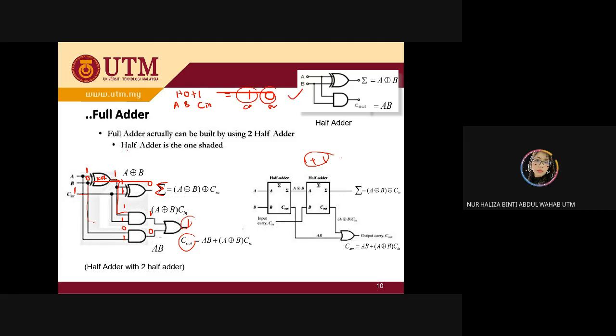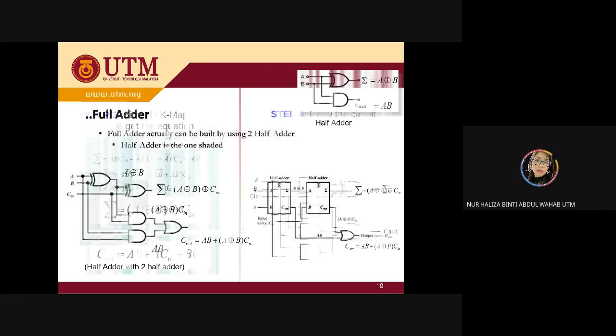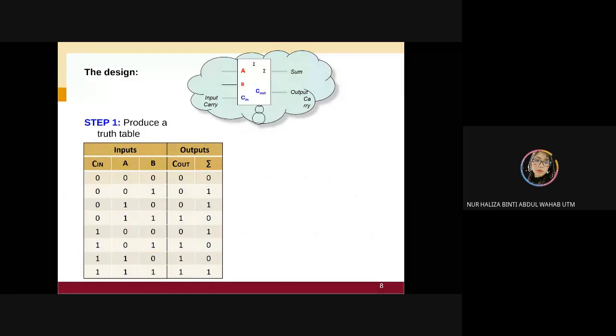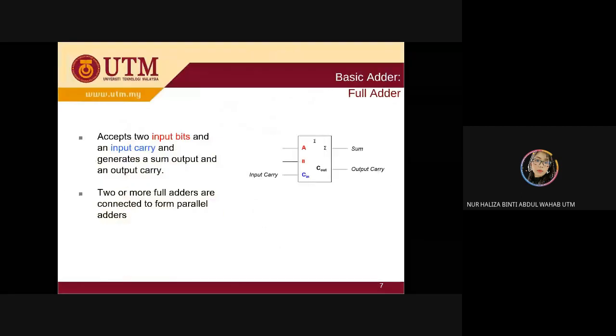So you can do it step by step, or you can directly add using your block like this, also can. That is why I say you need to remember all the inputs and the outputs.